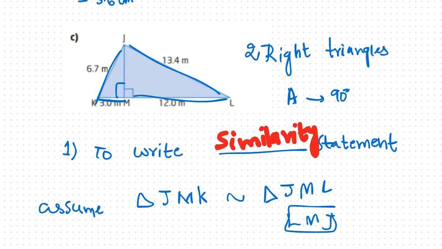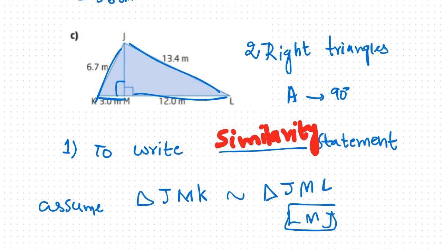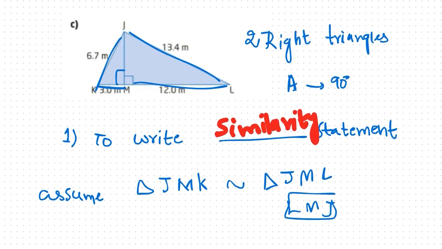What I have observed was, if you take the ratio of this upon this, so 12 upon 6.7 was actually equal to this upon this, 6.7 upon 3.